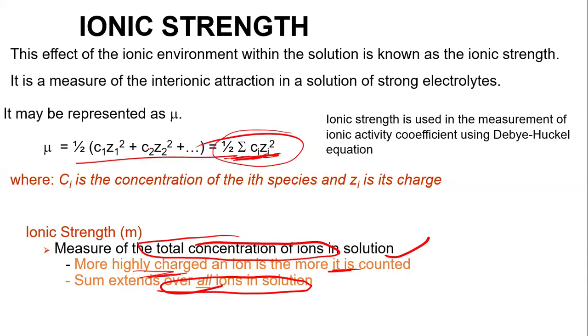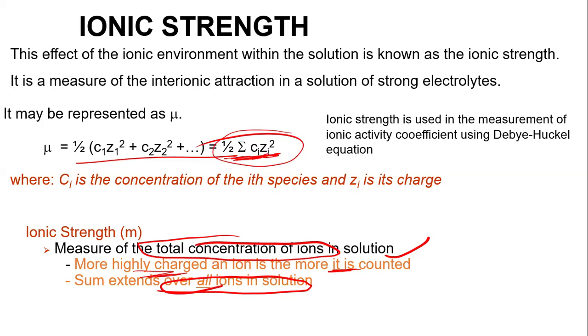Now, ionic strength is used in the measurement of the ionic activity coefficient using the Debye-Hückel equation. This was what I was talking about. That's the only reason why we are studying ionic strength: it can help us to measure the activity of a solution, which stands for the effective concentration.